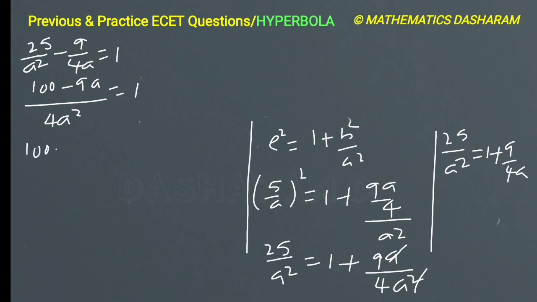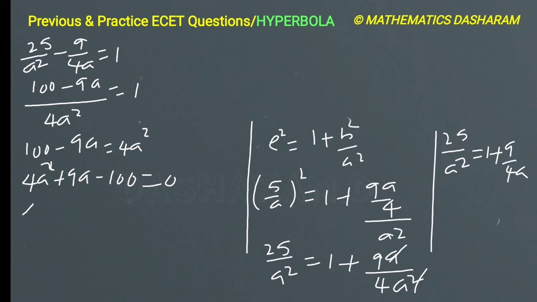So 100 minus 9a equals to 4a square, transpose to RHS side. So 4a square plus 9a minus 100 equals 0 is a quadratic equation. Let's do the factorization. 4a square, so 9a I am writing as 25a minus 16a, minus 100 equals to 0.